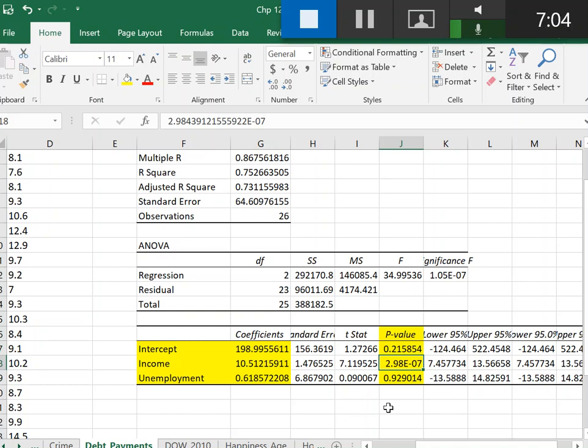But when we look at unemployment, it has a very high p-value of 0.929, which tells us that we could not reject the null hypothesis at any common level of significance or confidence. So we wouldn't want to reject that, and we can conclude that unemployment really does not have a statistically significant effect on debt payments.